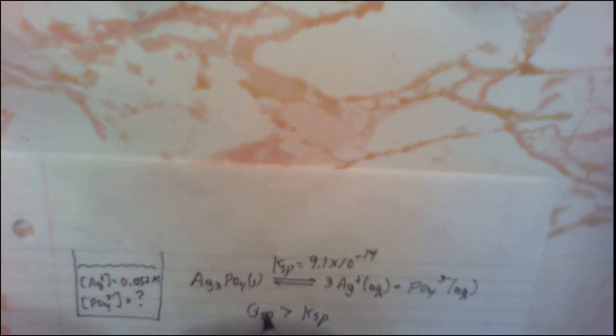So we know a precipitate is going to form when QSP is greater than KSP. And KSP is 9.1 times 10 minus 14 for the substance. So our QSP expression is concentration of silver, which we know, cubed, times concentration of phosphate, which we don't know.